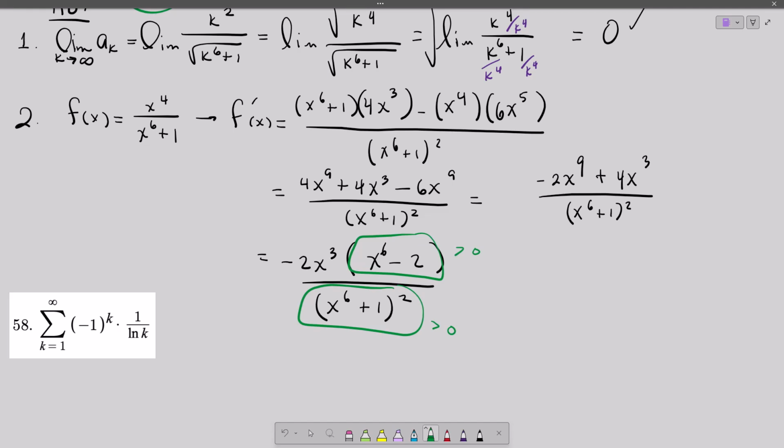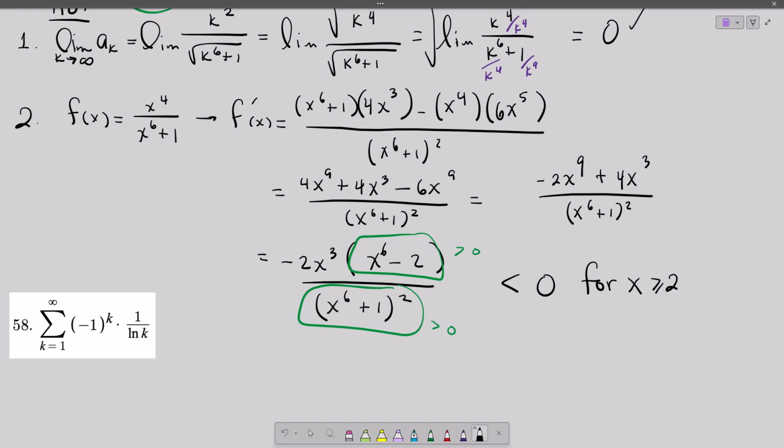You agree that's positive? x to the 6 minus 2? You could find some values of x for which this is not positive, but as long as x is further out, it's eventually true. Maybe you have to ditch a couple of x's. So with the leading negative, this is less than 0 for x greater than or equal to 2.